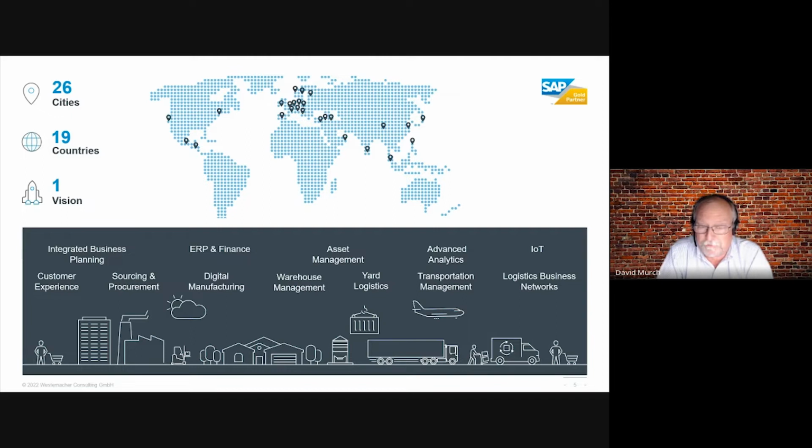Prasad and I work together on a day-to-day basis, on opposite sides of the world. We have a lot of deep experience in digital logistics, the core logistics such as warehouse management, yard logistics, transportation management, and today we're covering asset management as part of our Industry 4.0 practice.